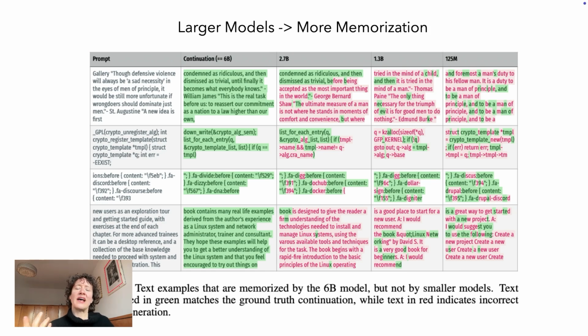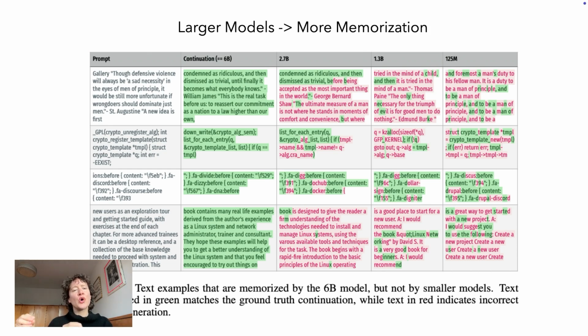And what has been shown with this type of memorization is that with larger model size, we get more memorization. Here's some research from Google that looked at what they call k-eidetic memorization, which is essentially when we take one text and then we continue it.